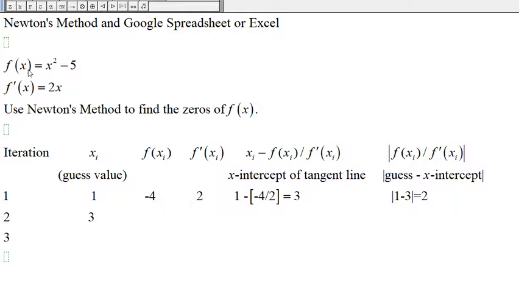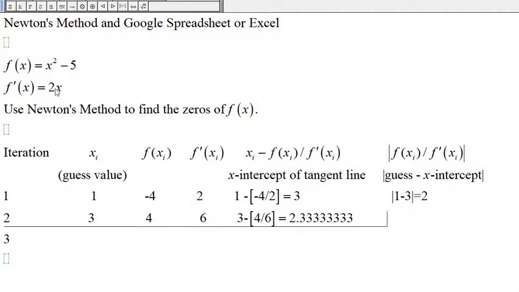When x is 3, y is 3 squared minus 5, which is 4. The derivative when x is 3 is 6. Then we calculate the x-intercept of the second tangent line: 3 minus 4 divided by 6, which comes out to 2.333.